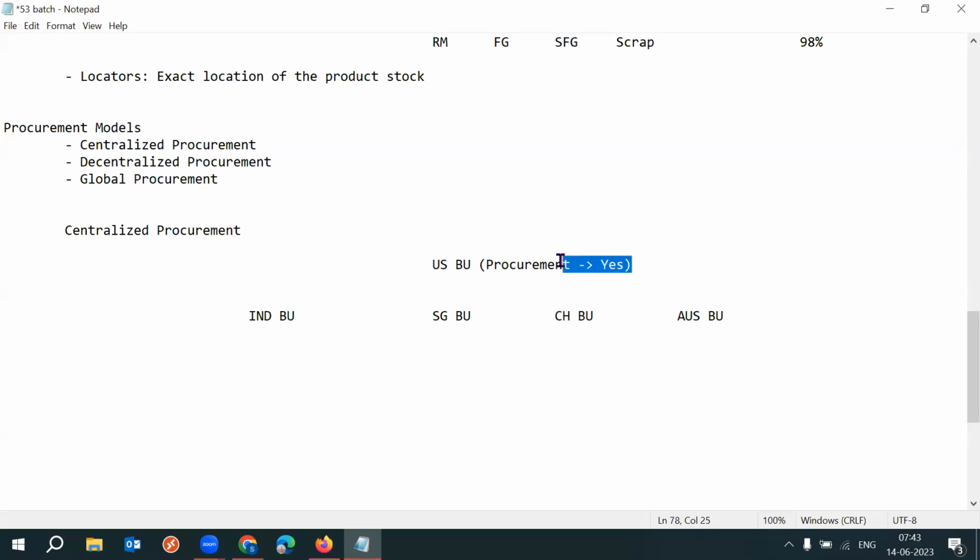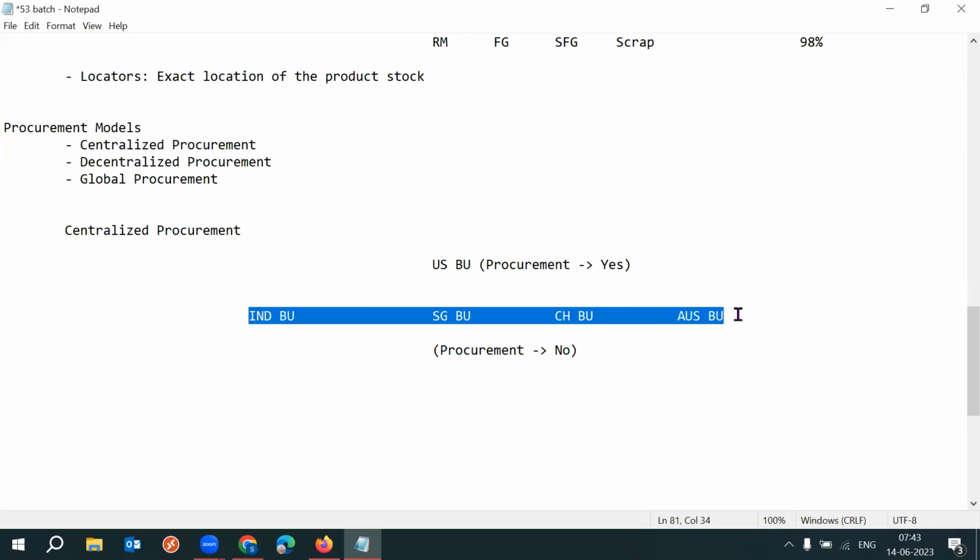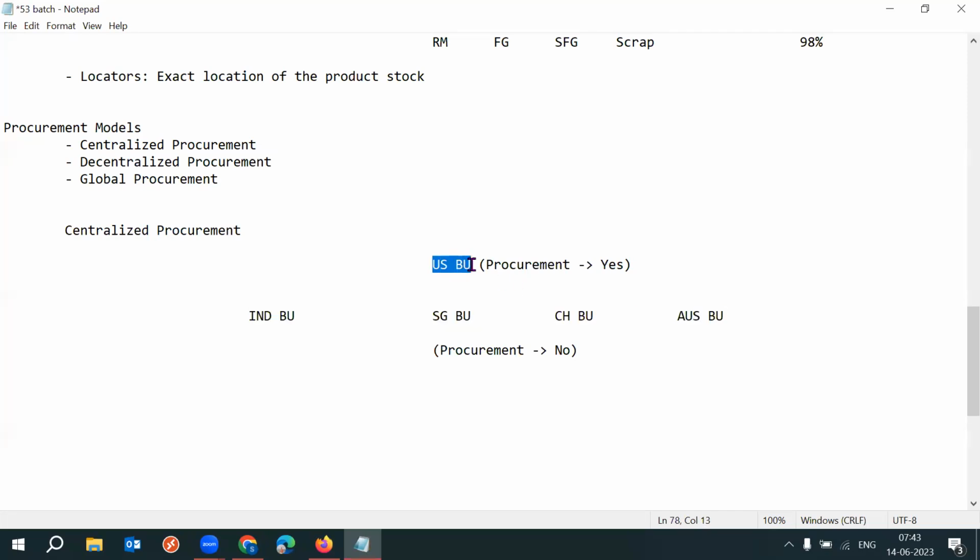For all these other BUs, we can set it to no. That means we are disabling the procurement function for these BUs. They are not able to place a purchase order. They have to request US, and US is going to place the purchase order. This kind of model is called the centralized procurement model.